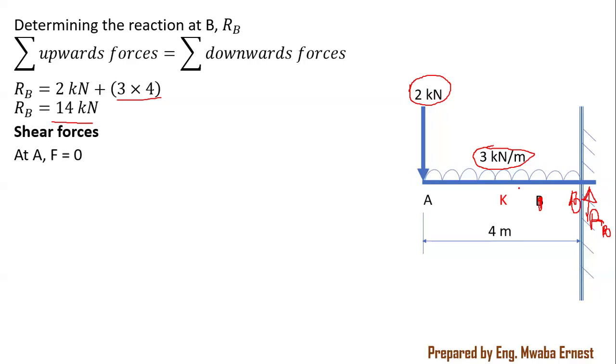Always expect 2 answers at that point. So suppose this was just a normal loading without this UDL, then it could have meant that at point A, we practically have nothing. And we put our answer as 0 because we haven't yet moved. There's nothing remaining on the left.